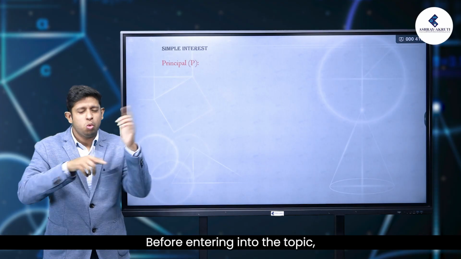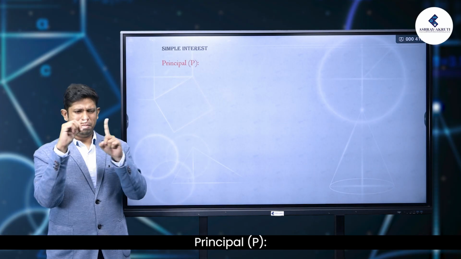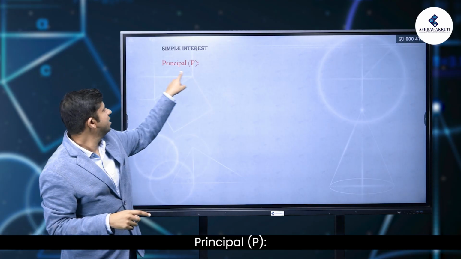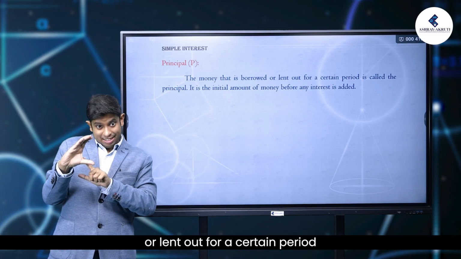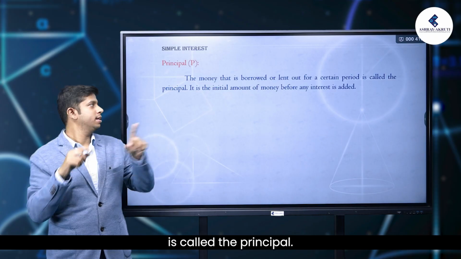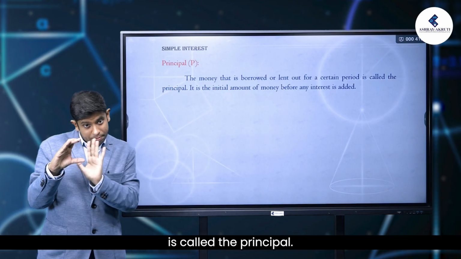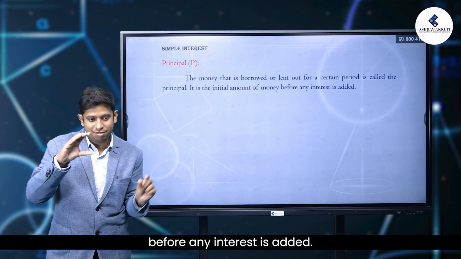Before entering into the topic, we need to know a few terms, like principal. The money that is borrowed or lent out for a certain period is called the principal. It is the initial amount of money before any interest is added.